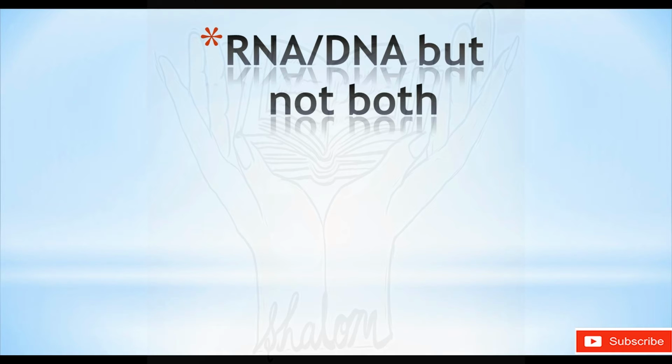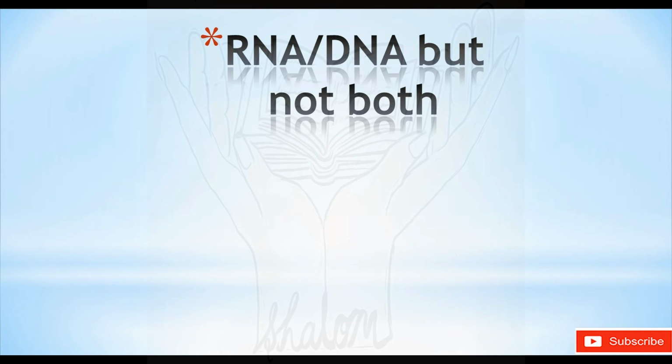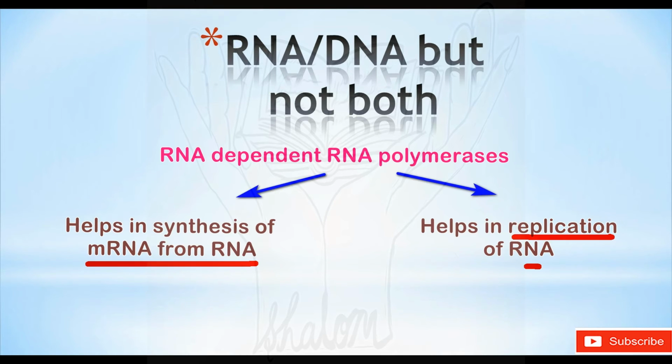To replicate means to produce two identical copies. For this they encode RNA dependent RNA polymerase to perform these two functions. So basically the enzyme RNA dependent RNA polymerase is encoded by the RNA viruses itself to perform these two major functions. That is, one, to synthesize mRNA, that is messenger RNA, from RNA, and two, replication of the RNA genome in the RNA viruses.